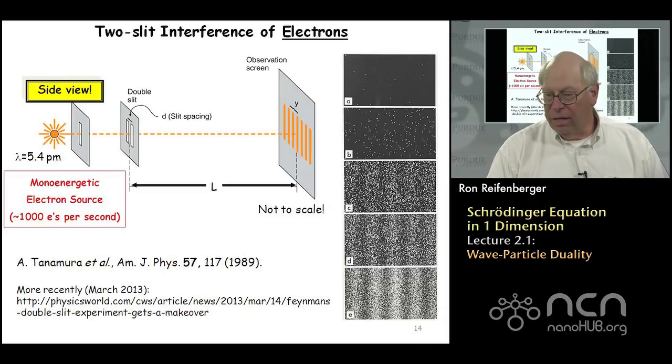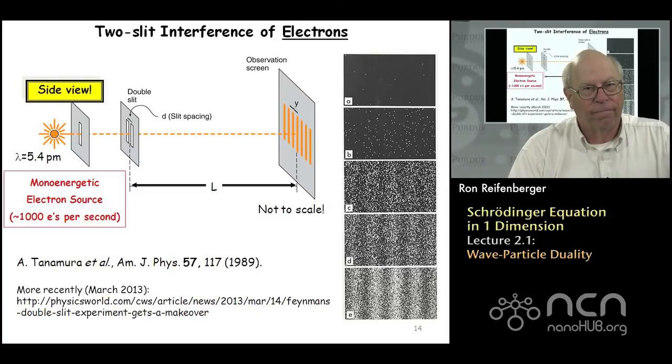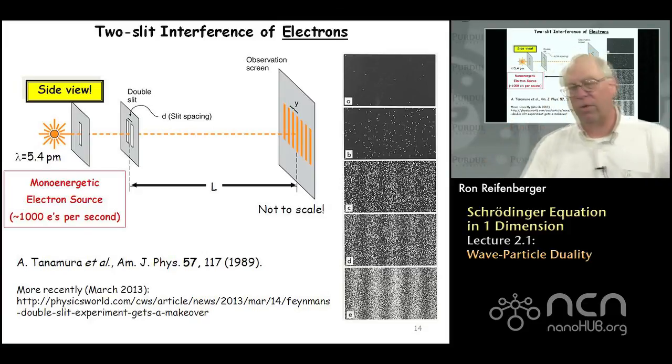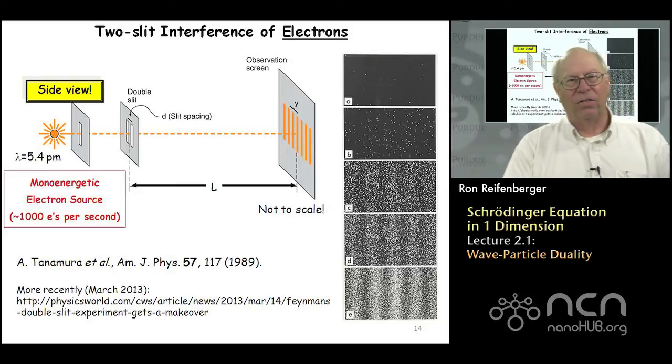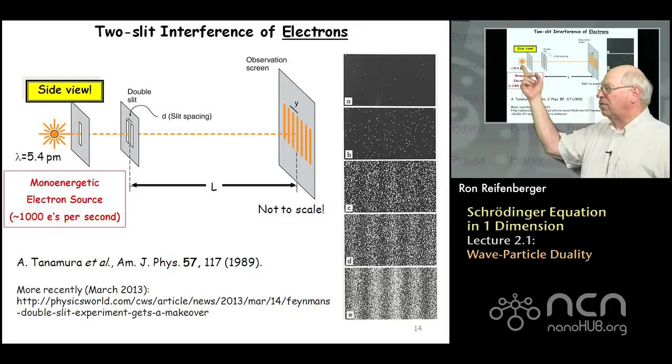And then the last thing I wanted to mention was the attempt to do a two-slit experiment with electrons. In other words, try to mimic Young's experiment with light, except do the same experiment with electrons. This is a technically challenging experiment because it requires you to take an electron source.